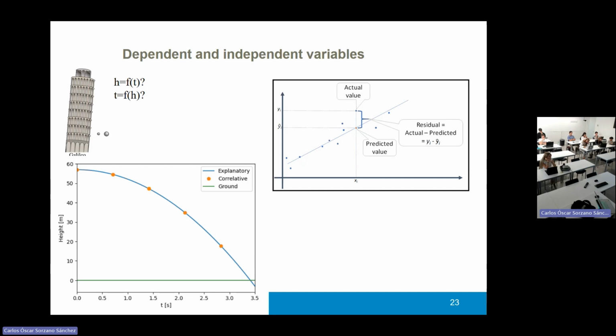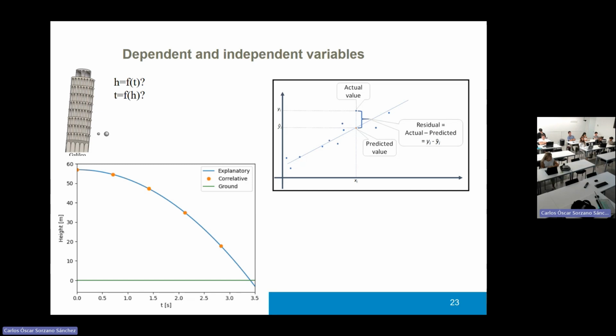Okay, the other possibility is that the sensor is not on the tower, but the sensor is on the ball. So I have a very precise clock here, and every 1 second, I measure where I am. So this is next second, this is next second.